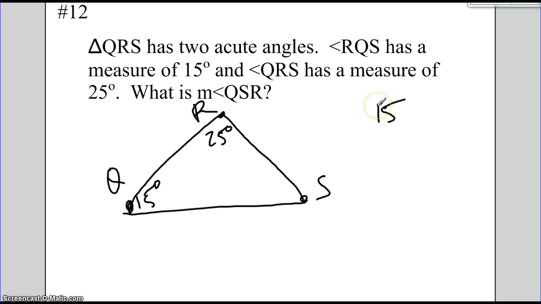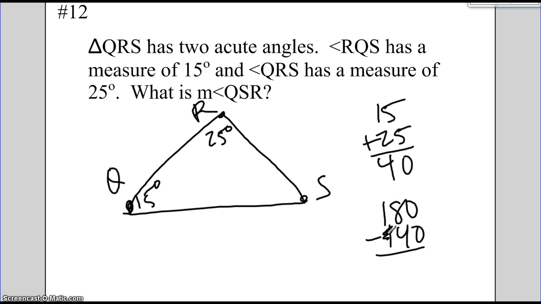So I take 15, add 25, and I get 40. I take 180, subtract 40, and I get 140. That means this angle is 140. And that's all.